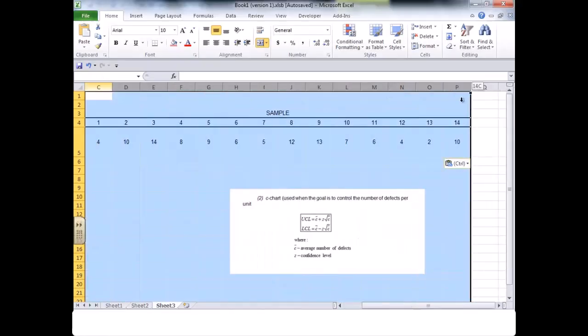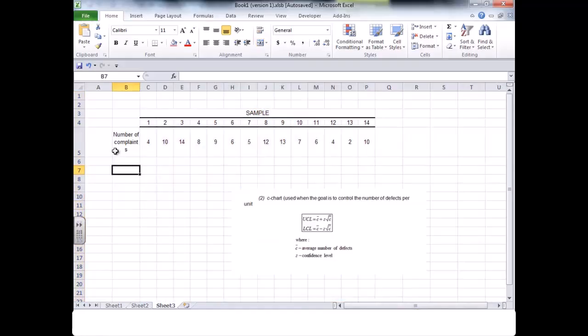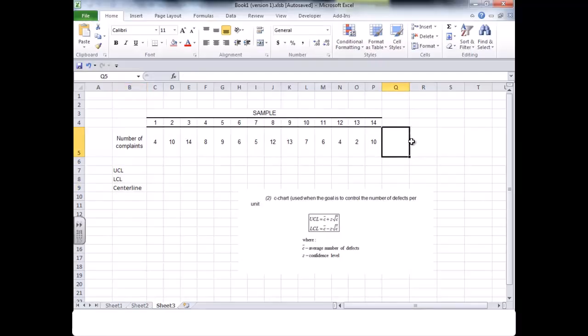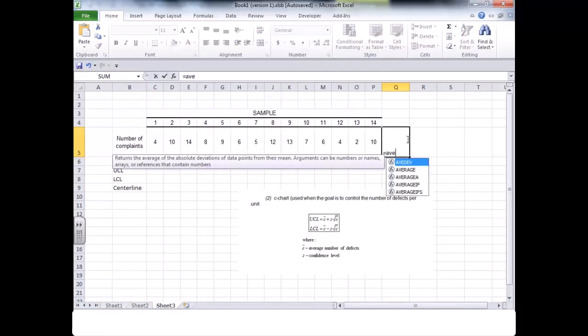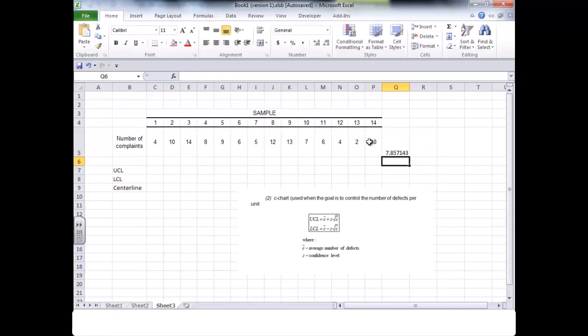Just as before, we will need to compute the upper control limit, the lower control limit, and then the center line. The center line is the average of these observations. We also call that C bar.